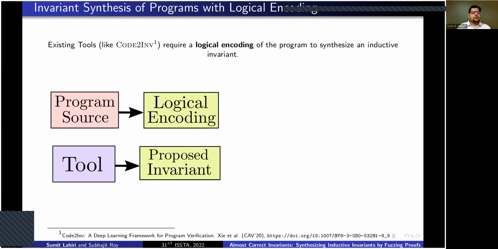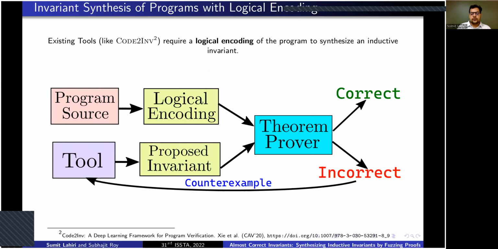It takes in the program source, converts it into a logical encoding, and then the tool proposes an invariant. Both the logical encoding and the invariant are dispatched to a theorem prover. If the invariant is valid, then the theorem prover comes with the correct verdict. But in case the invariant is invalid, then the incorrect verdict is produced and the counterexample from the theorem prover is passed on to the tool in order to propose a better invariant in the next round.